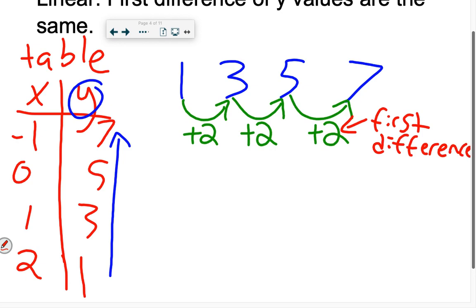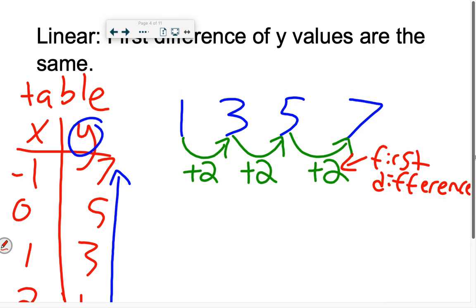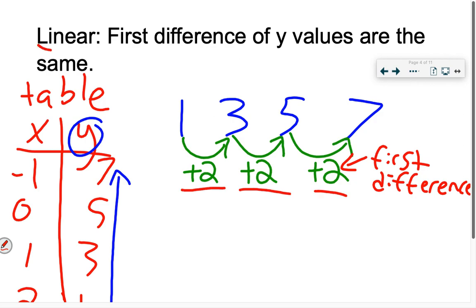So when I wrote up above that for linear, the first difference of the y values are the same, that's what I mean. The difference between their y values is the same, which it is.